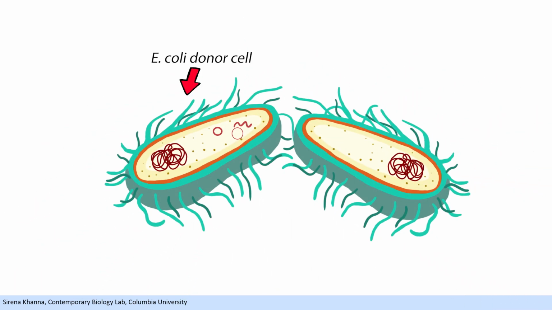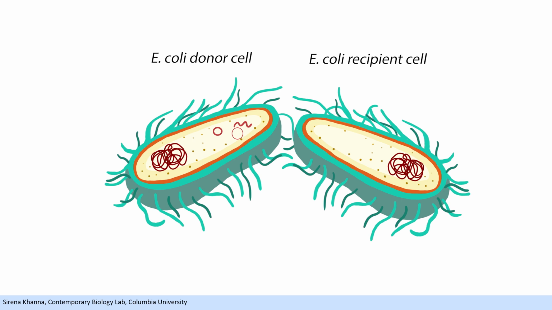On the left is the donor cell, now with a cut single-stranded DNA plasmid and the remaining single-stranded circle. On the right is an E. coli recipient cell that doesn't currently have any plasmids, but it has a nalidixic acid resistance gene in its chromosome, unlike the donor cell.